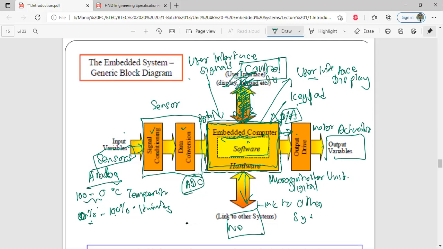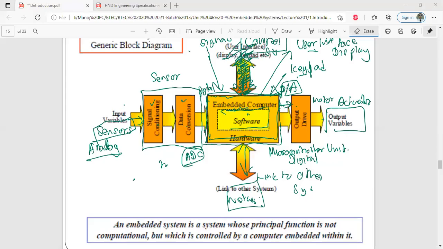So like this, in here you will have your microcontroller, with input from sensors, then output to what we call actuators.